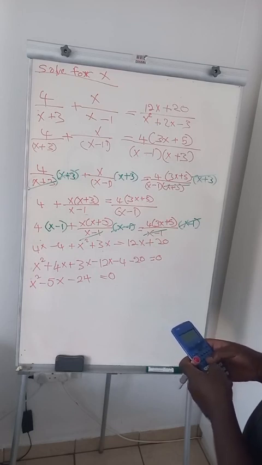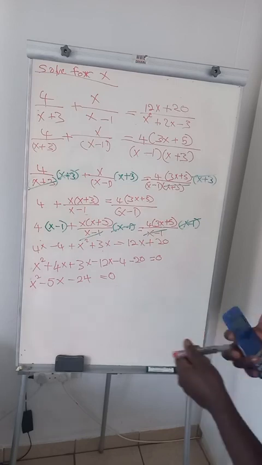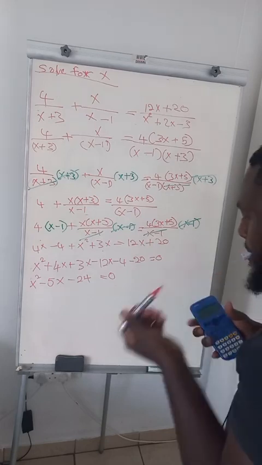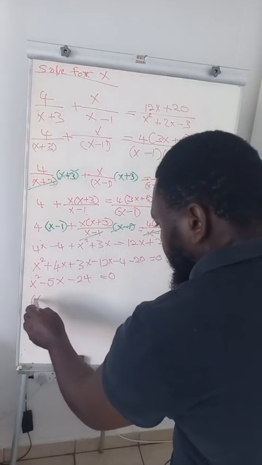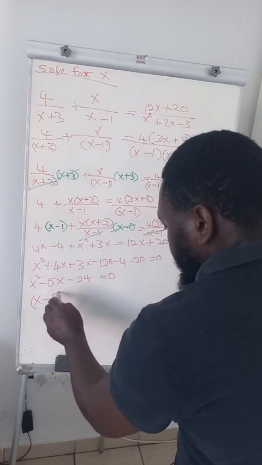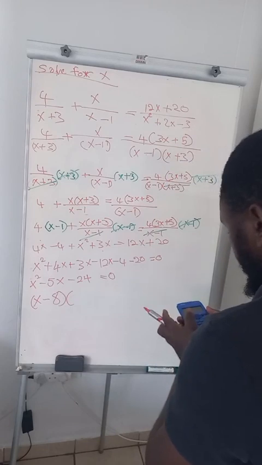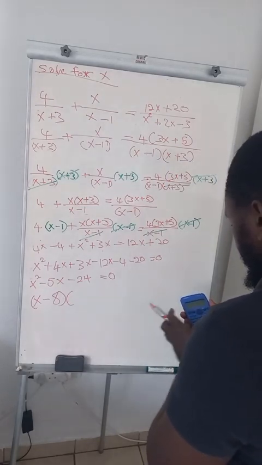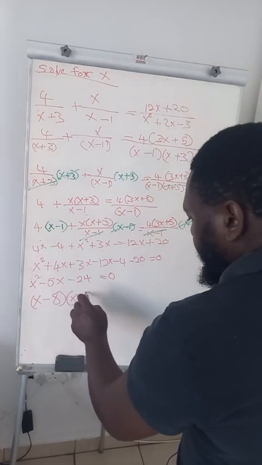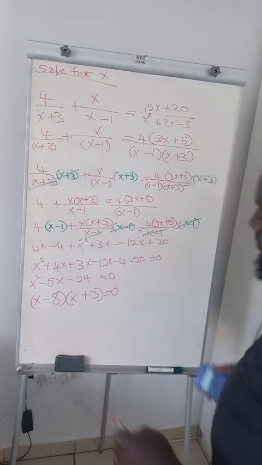Now this will give me 5 plus the square root of 5 squared minus 4a. What is a? It is 1, and what is c? It's negative 24 divided by 2. So it means here you'll have x minus 8, and then x plus 3 is equal to 0.